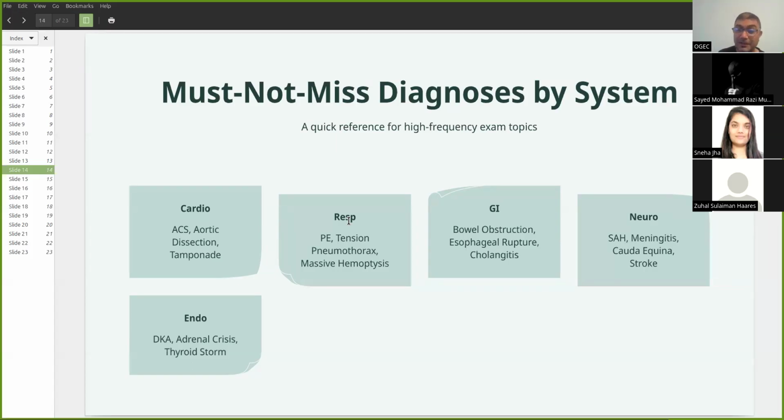These are life-threatening conditions that must not be missed. In the endocrine system, diabetic ketoacidosis, adrenal crisis, thyroid storm are among the must not miss diagnoses that should be in mind in every situation.